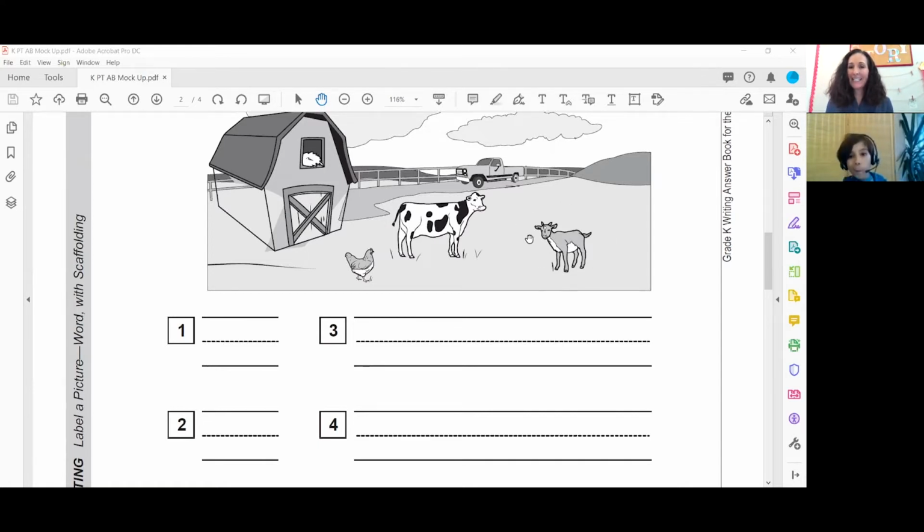Okay, this is a goat. Goat starts with the letter G. Write the letter G where you see my pointer at number 2. Can you hold it a little closer?